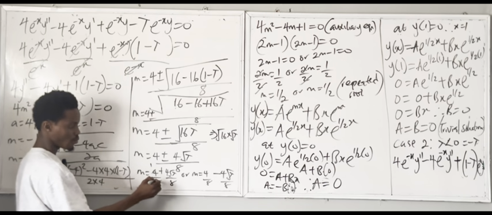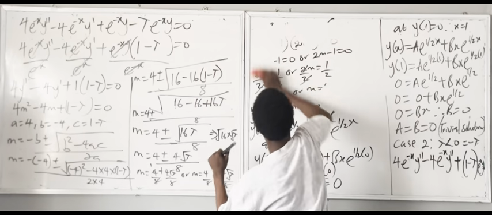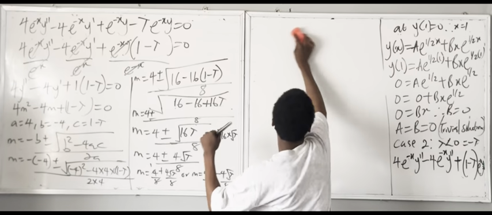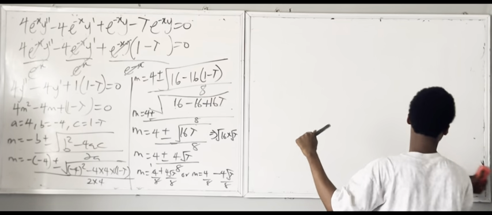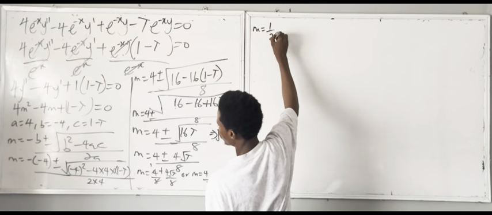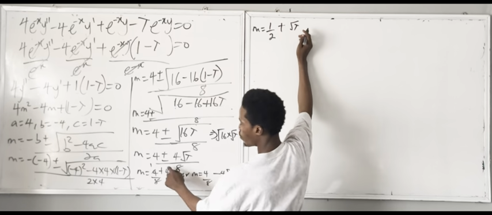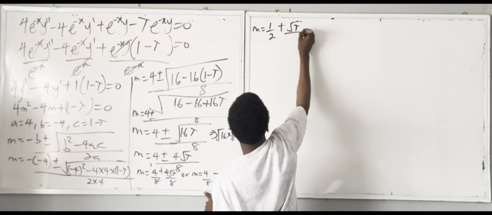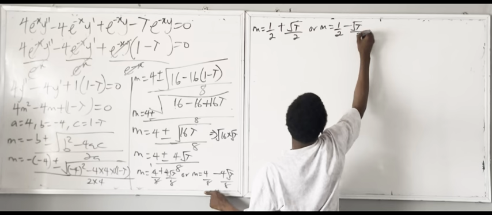So 4 here is 1, 4 here is 2. So my answer will be m equal to 1 over 2 plus root lambda all over 2, or m equal to 1 over 2 minus root lambda all over 2.